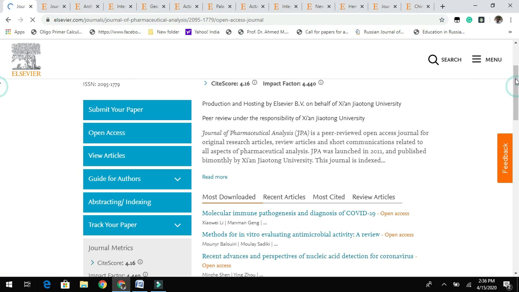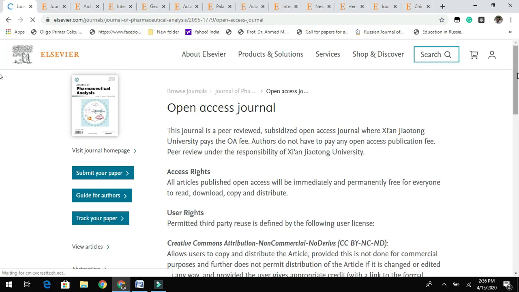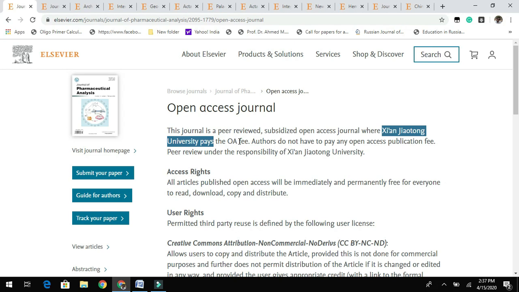So here you can also see, yes, this journal is peer-reviewed, subsidized open access journal where this university is paying open access fee.